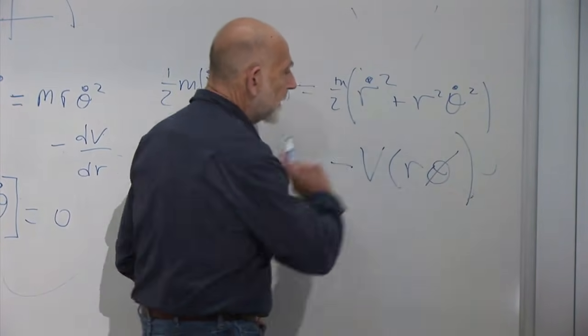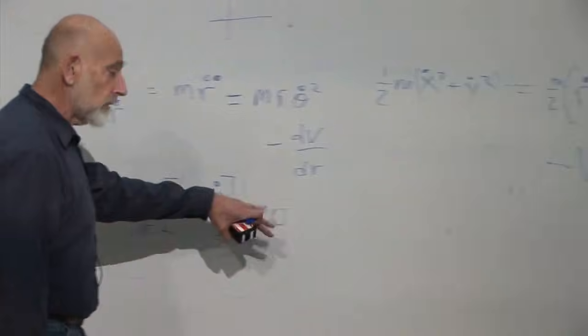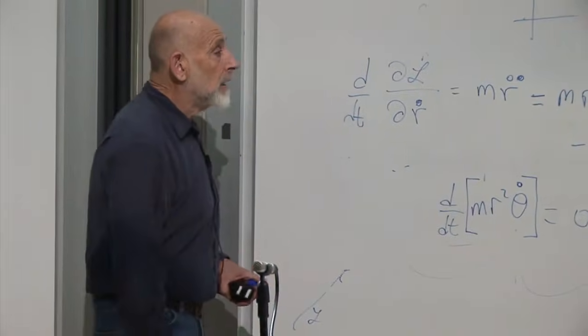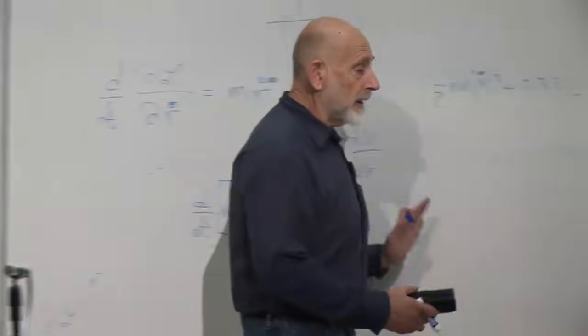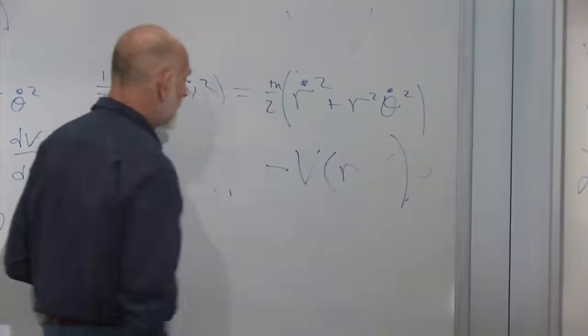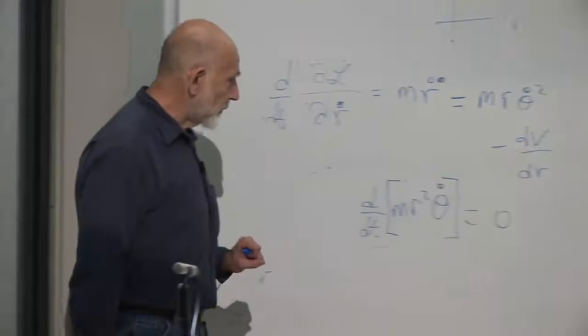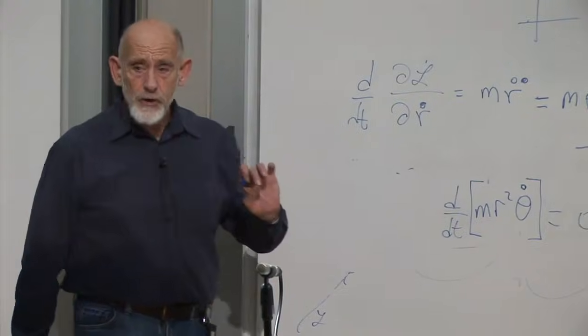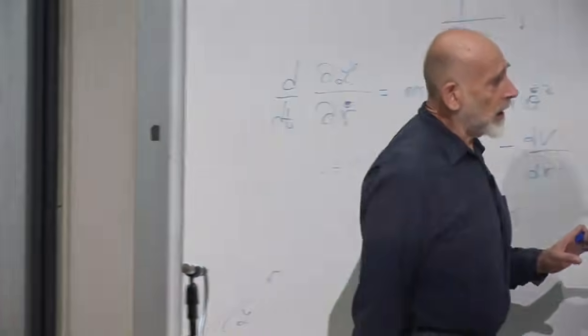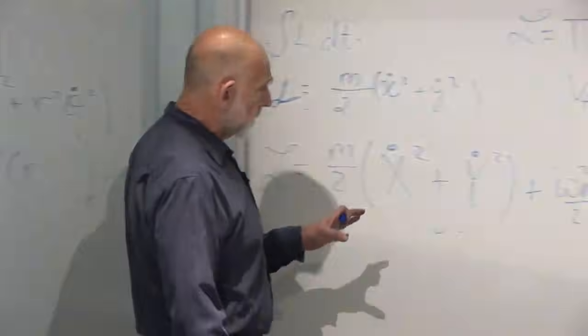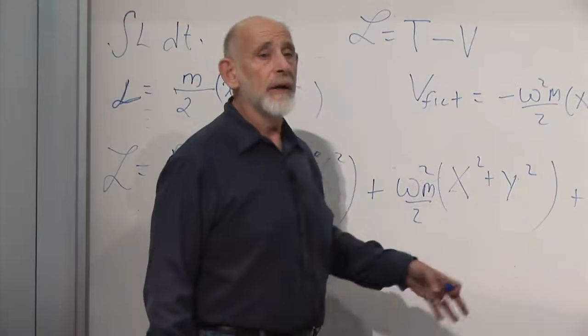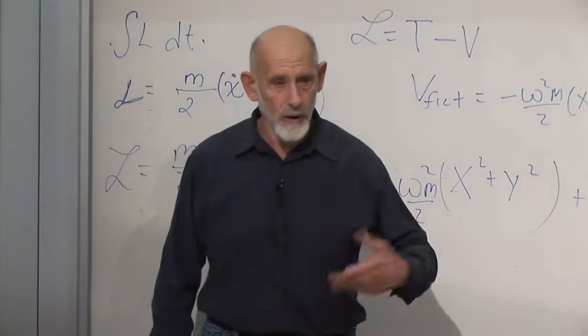If V had depended on theta, we would have gotten another term on the right-hand side here. So if V only depends on radial distance, then there's a conservation law. And this is very general. If you have a Lagrangian that doesn't depend on a coordinate for one reason or another, then there will always be a conservation law. We'll come back to that.